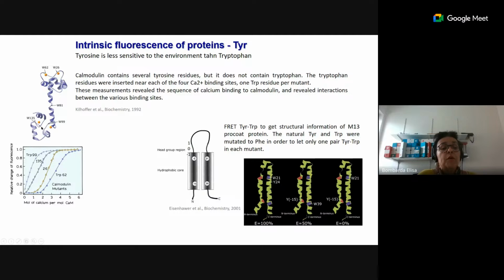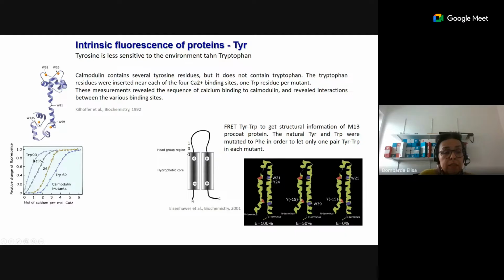Moreover, this molecule is very small, but it has 4 calcium binding sites, and the tryptophan was put in each calcium binding domain.